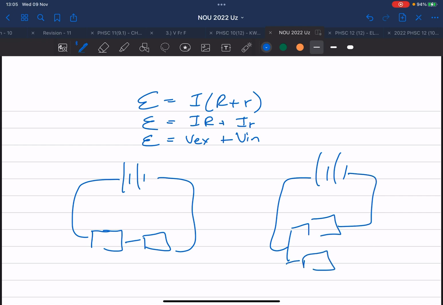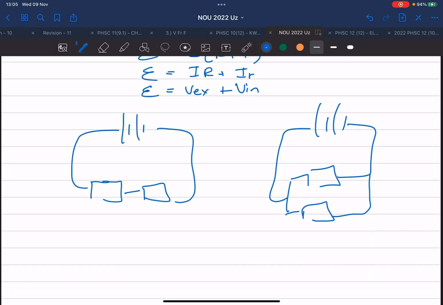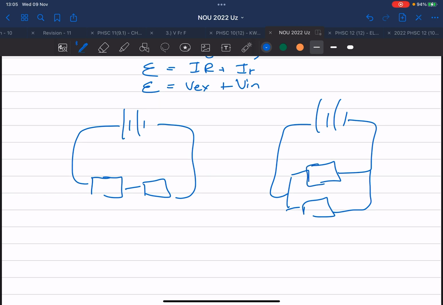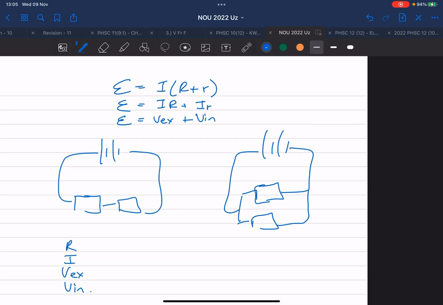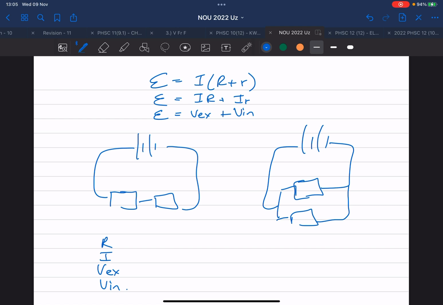Okay, sorry, we're gonna go again. Okay, so we are comparing, so nog steeds dieselfde checklist wat ons gaan doen. R, I, V extern, V intern. Okay, right. So ons het gesien that the resistance in the first circuit, circuit 1, is bigger.